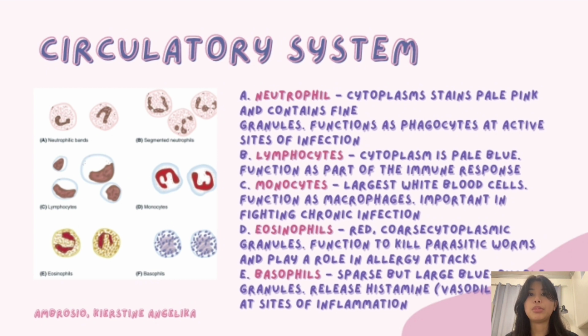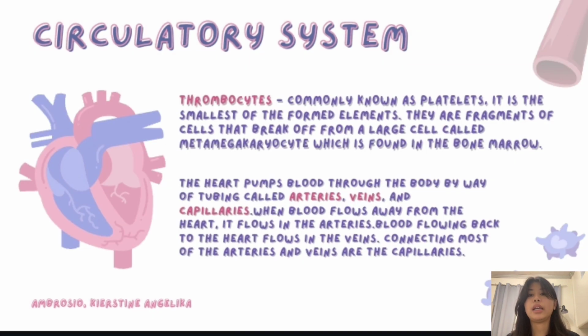For this example, we have neutrophil. Cytoplasm stains pale pink and contains fine granules, functions as the phagocytes at active sites of infection. Next one, we have lymphocytes. Cytoplasm is pale blue, function as part of the immune system. Monocytes next is the largest white blood cells, function as macrophage, important in fighting chronic infection.